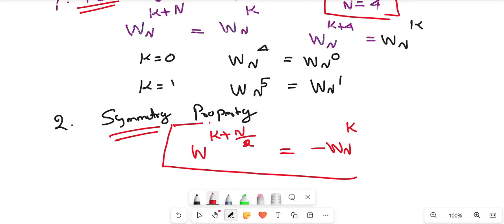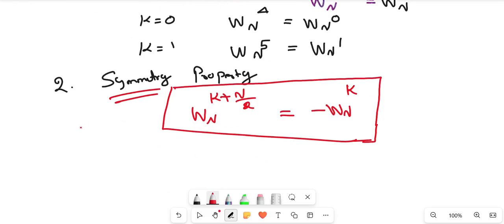This is the symmetry property. We can prove this also. First we will see an example. For example, N is equal to 8. So how can you write it?